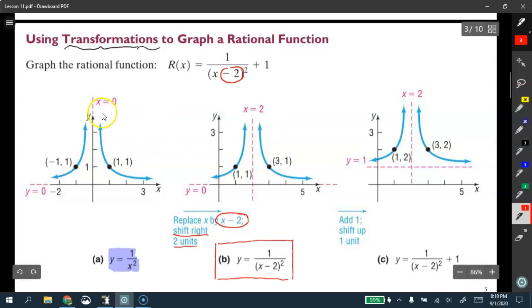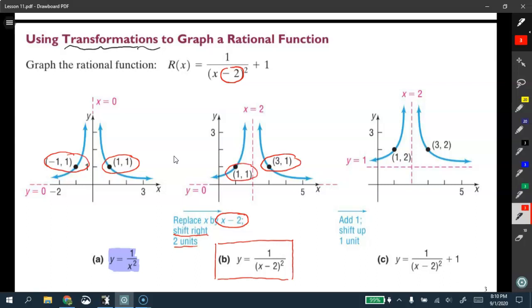So you'll notice that because it shifts towards the right, every one of its coordinates, like for instance, 1, 1 becomes 3, 1 because it shifted 2 units towards the right. So the x value changes. Negative 1, 1 becomes positive 1, 1 because it also shifted 2 units towards the right.